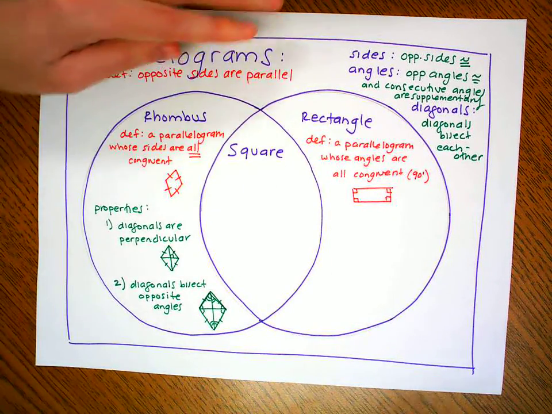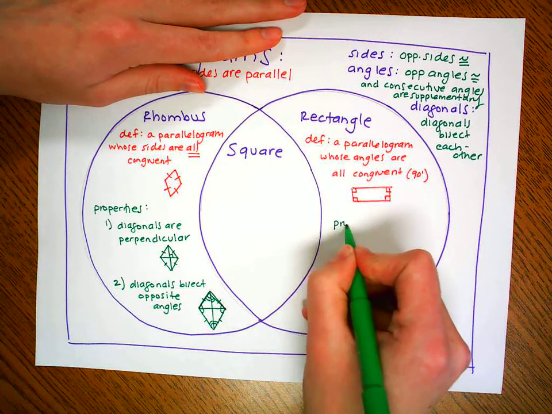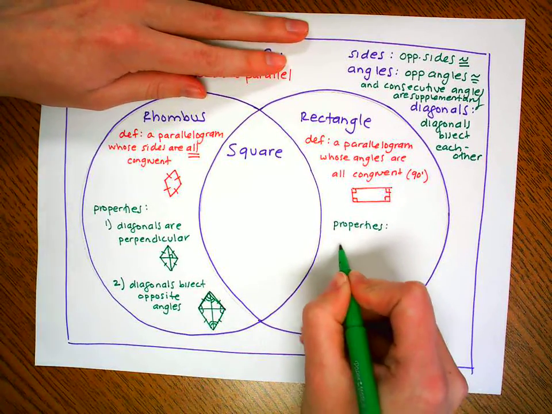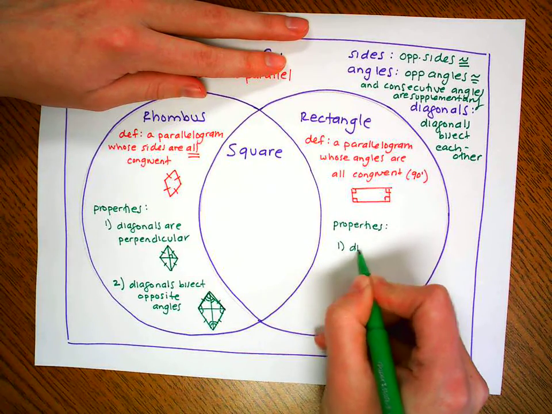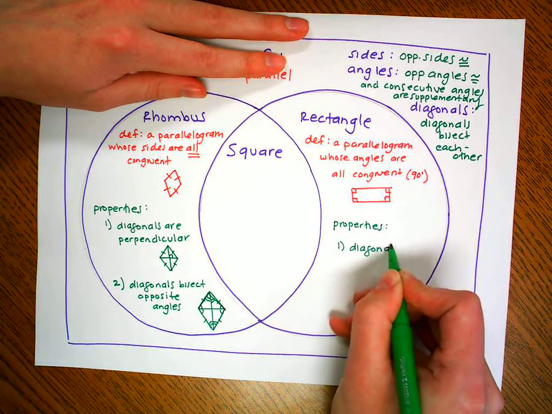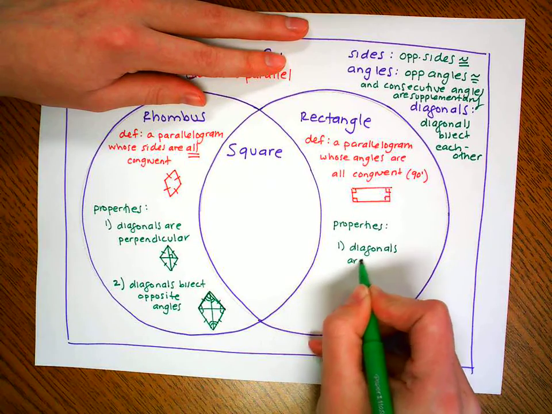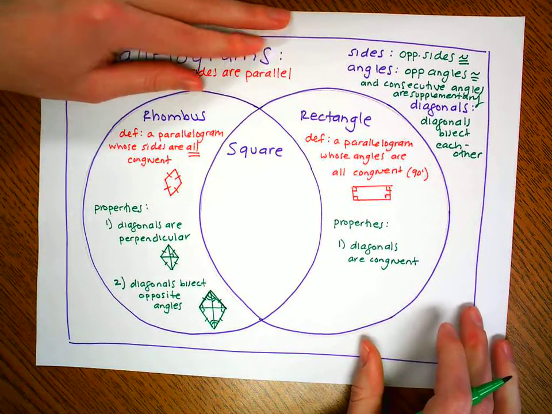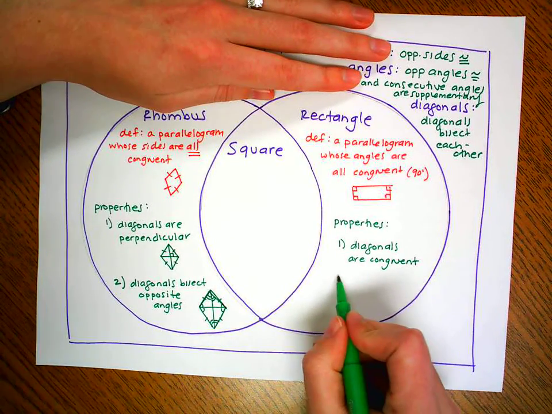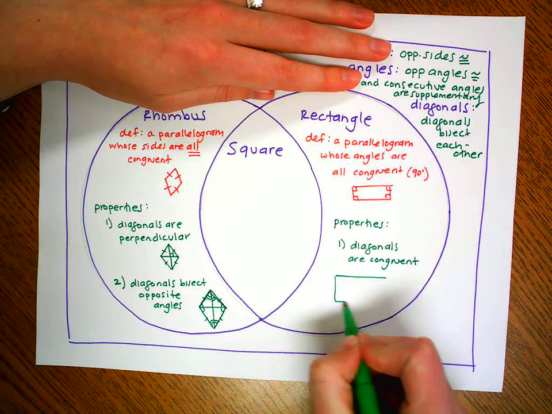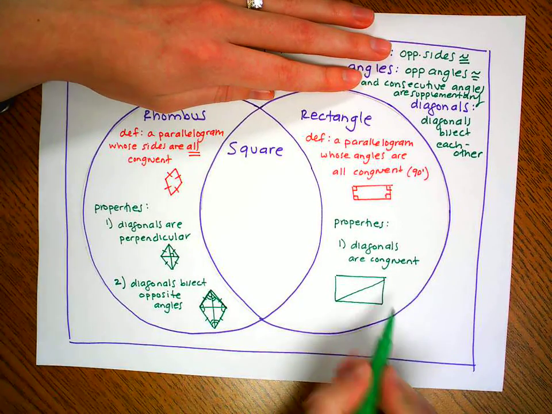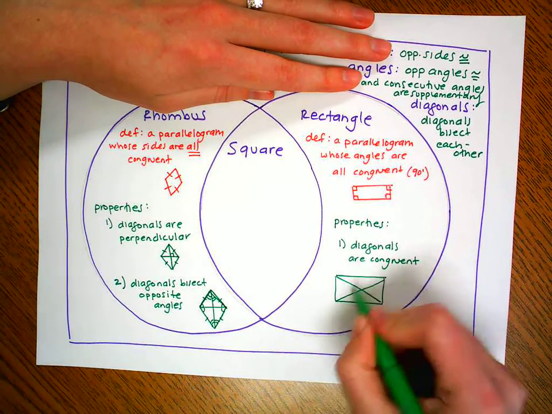Okay, rectangles have one new property. And it's that its diagonals are congruent. If I were to draw a rectangle, sorry guys, not my best drawing day.